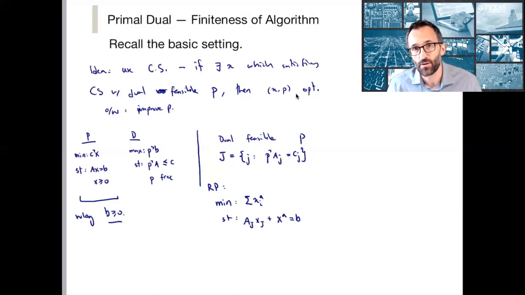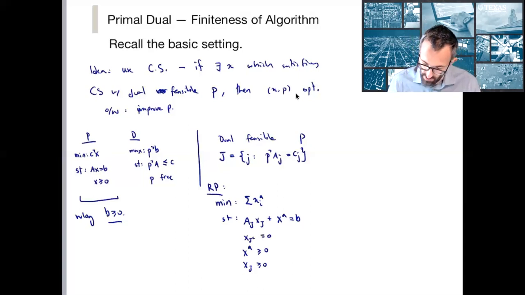So note that this guarantees that I have a feasible solution. The fact that b is non-negative without loss of generality allows me to say that these variables must be non-negative. And similarly, the variables in x_J are non-negative, because anyway, all the x have to be non-negative, but the variables in J complement are required to be equal to 0.